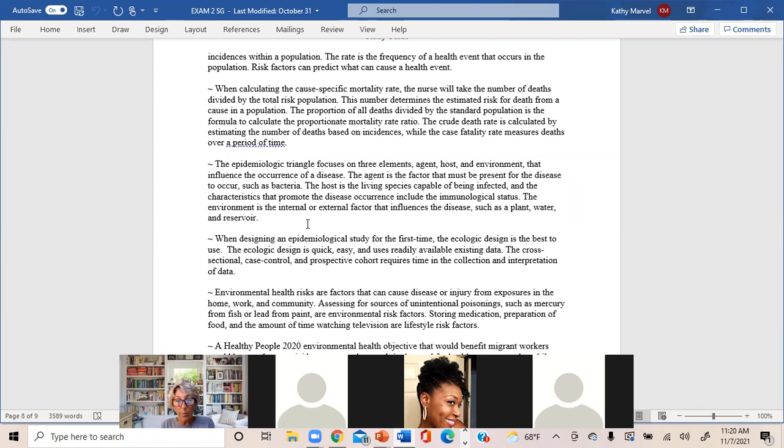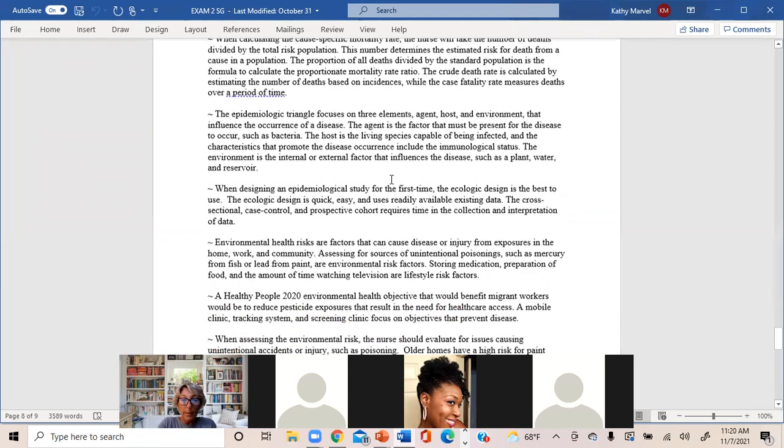Are we healthy? Are we compromised? And then the environment is the internal or external factor that influences the disease. Right, so the environment affects how the agent and host are gonna interact. Get real sick or not get real sick.